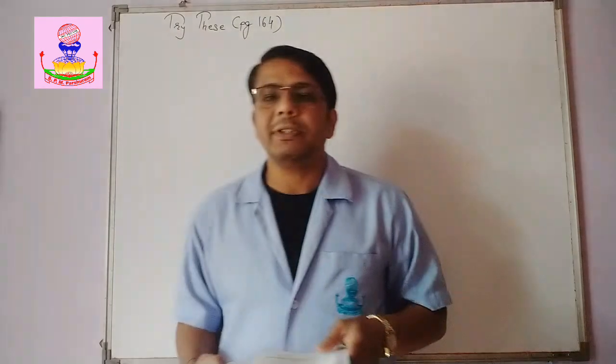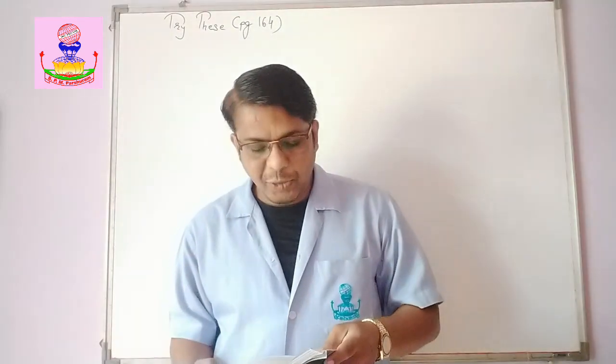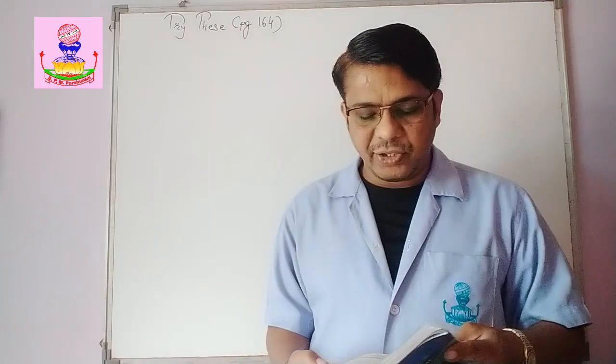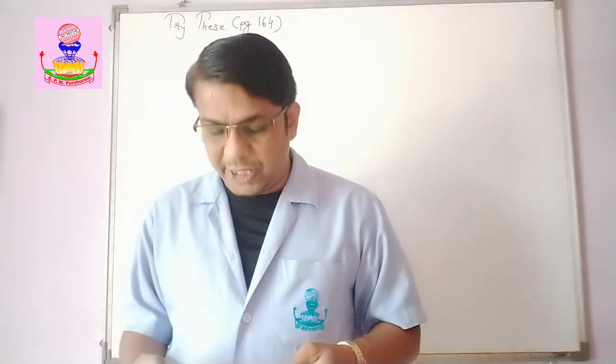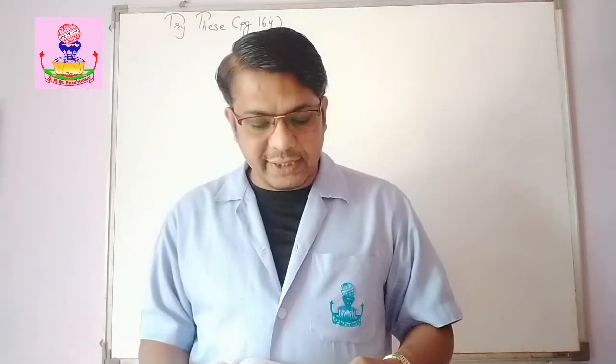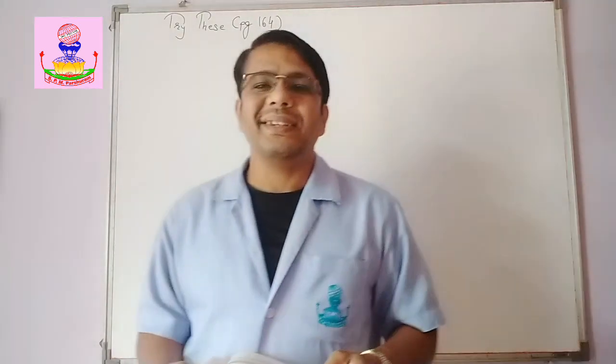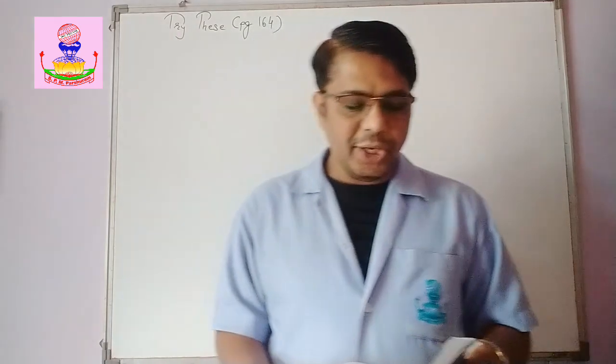Now see second example from that, try these. 8% of the children of a class of 25 like getting wet in the rain. So how many children like getting wet in the rain?